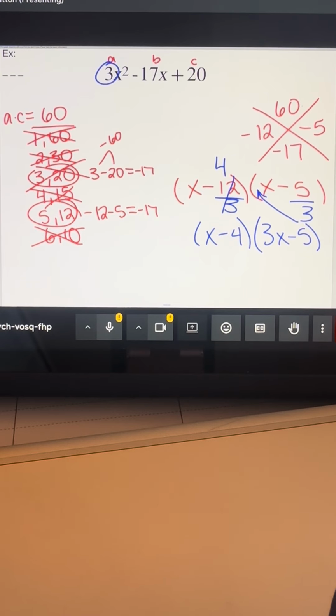Okay, the last one is a little bit easy. You don't have to list a whole bunch of factors. I want you to try it. Once you get it, turn to your neighbor and see if they got the same.